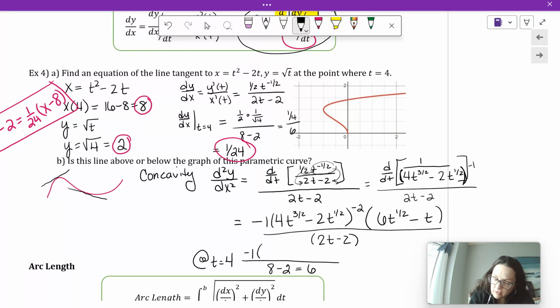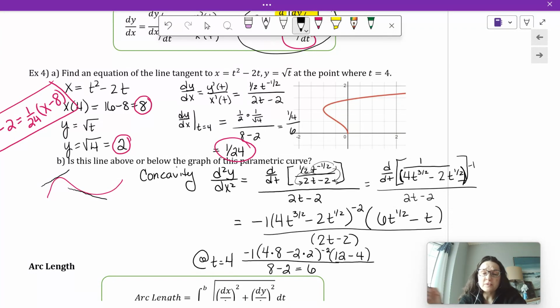And on top, I have -1 times, let's see, 4 times 4 to the 3/2, that's 8, minus 2 times 2, that's going to be raised to the -2. And then 6 times root 4, that's 12, minus 4. And you know what?